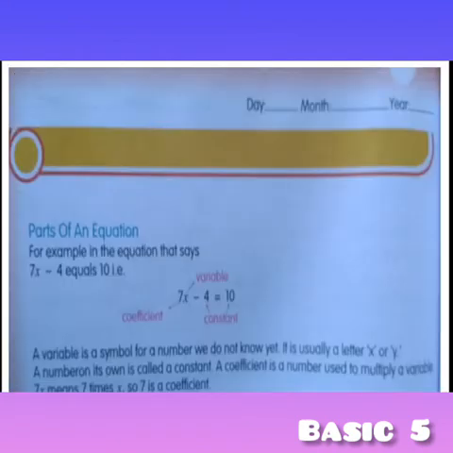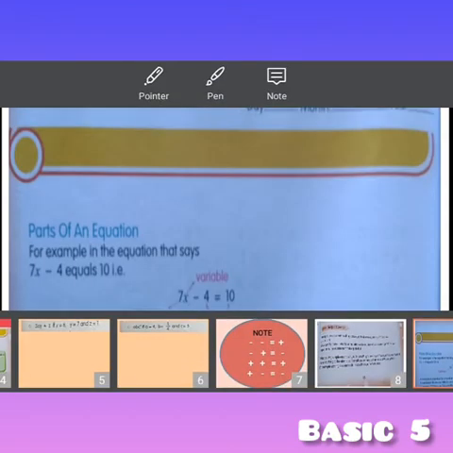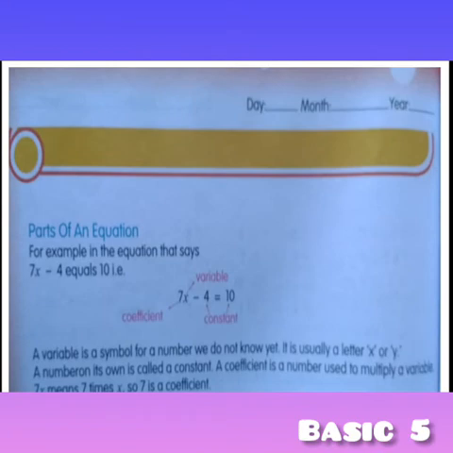Let's look at the parts of an equation. An example is written here: 7x minus 4 equals 10. An equation is made up of various parts. We have here the coefficient 7.